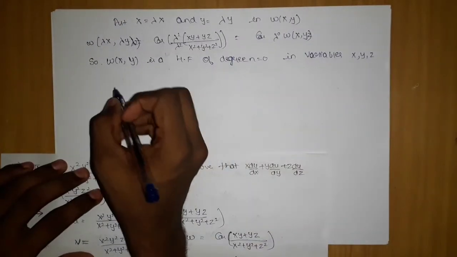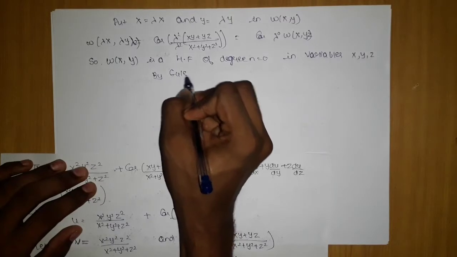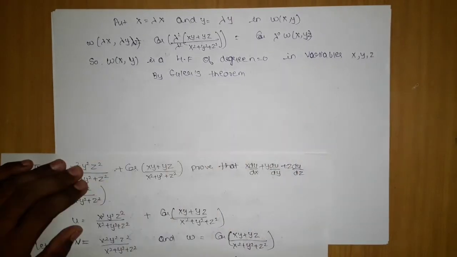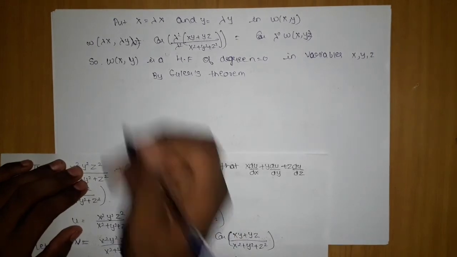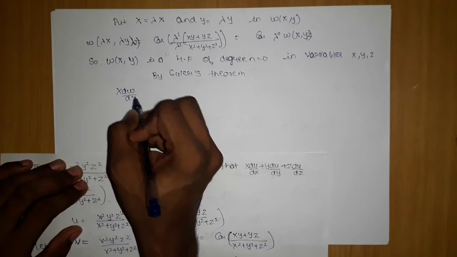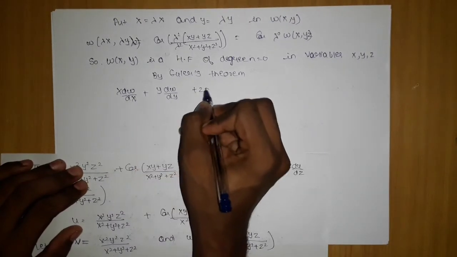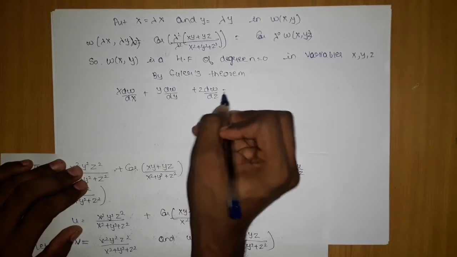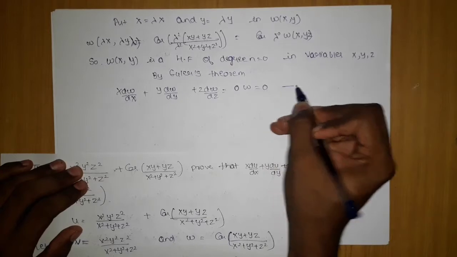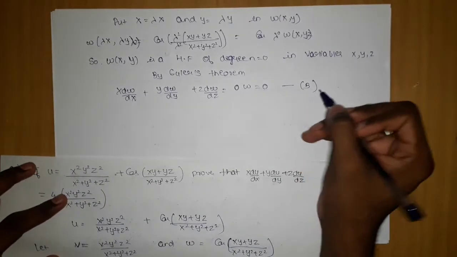So in variables x comma y comma z, by Euler's theorem, what can you say? x dou w by dou x plus y dou w by dou y plus z dou w by dou z equals n times w, and n is 0, so 0 times w, which will be 0, which you will call b.